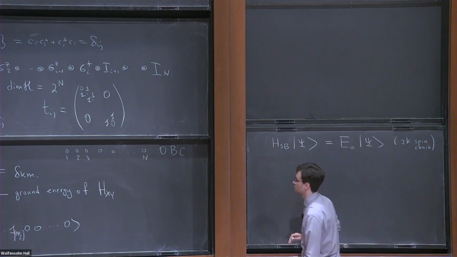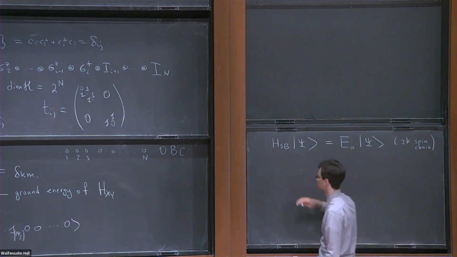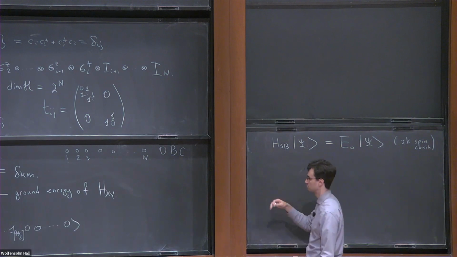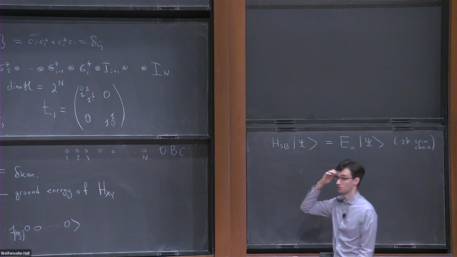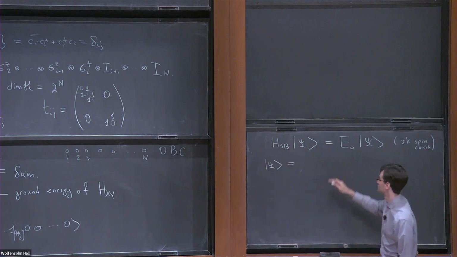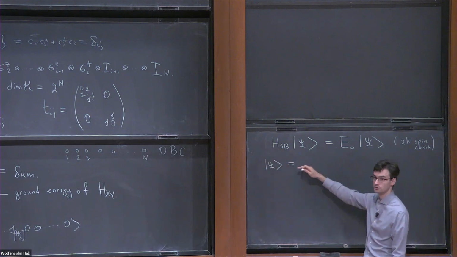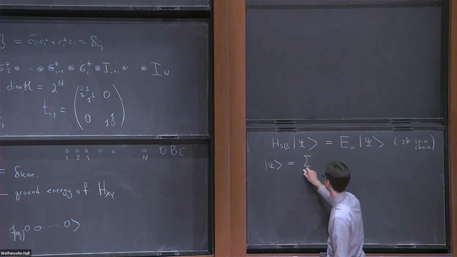So now the most important part about this density matrix renormalization group is to start doing renormalization or truncation of our degrees of freedom. And for this, let us write the ground wave function, the ground state, as a tensor product of left and right blocks.